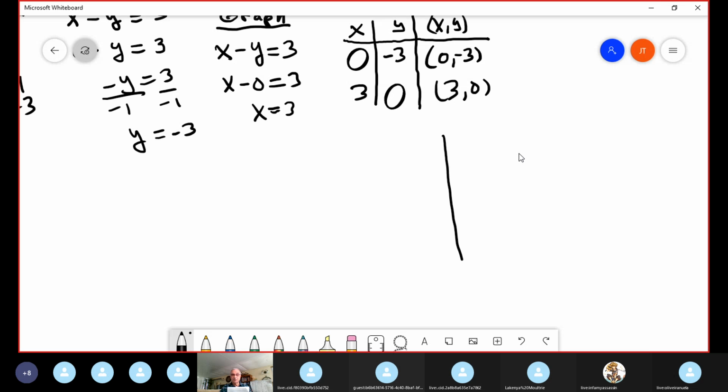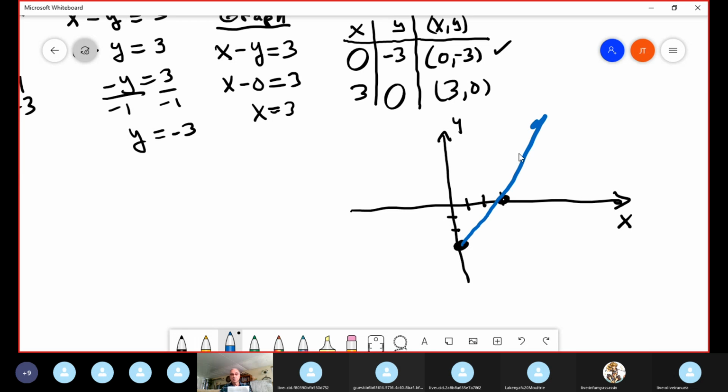I want to do the graph roughly like that. x, y. I plot the first point, (0,-3): -1, -2, -3. Here, this point. And this point is (3,0): 1, 2, 3. Here. And you connect both by a straight line. This is the line that corresponds with this equation.